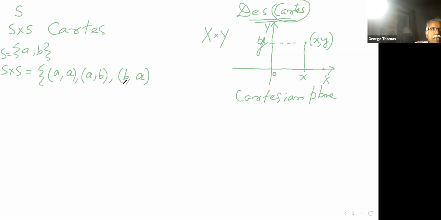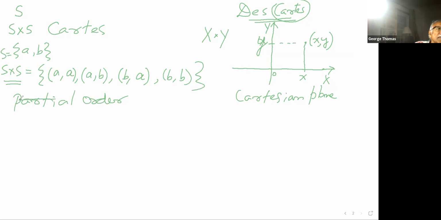I'm not talking about the partial order yet. Right now I'm talking about the Cartesian product and B comma B, isn't it? This is the Cartesian product. Now the partial order is a relation, a particular relation.